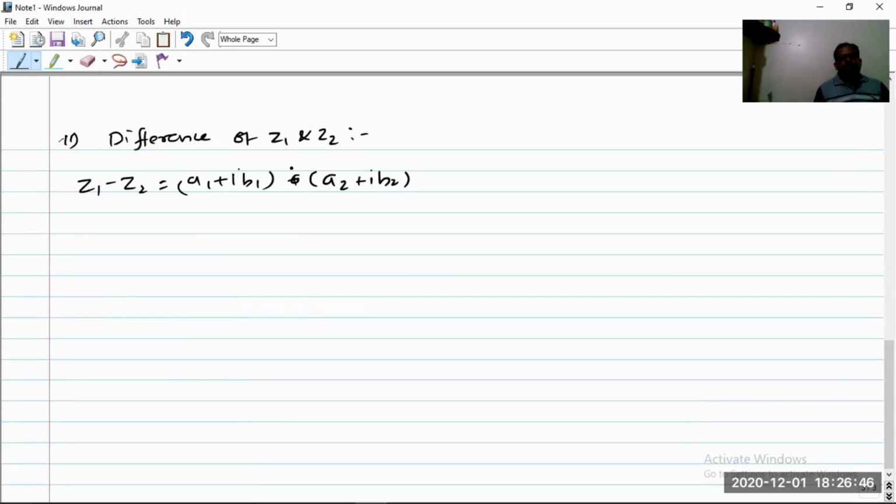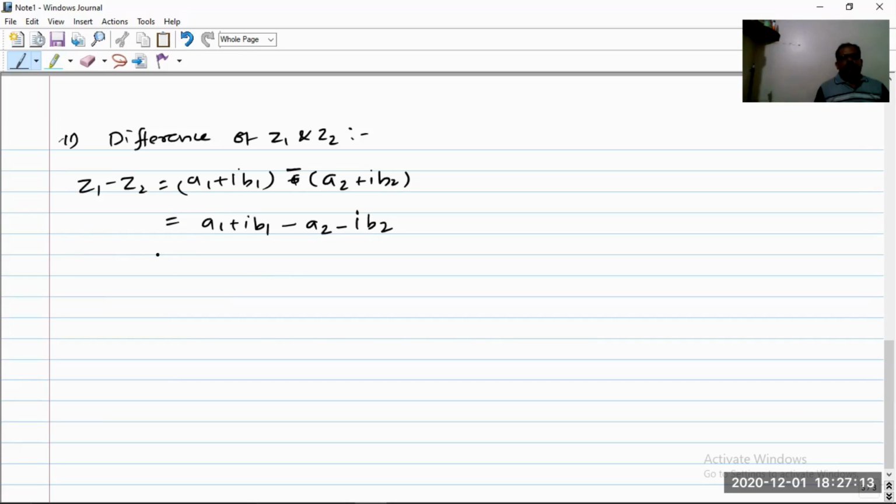Sorry, it is not plus, it is minus. We can open the bracket: A1 plus iB1 minus. As the minus sign is outside the bracket, we need to change the sign of each term inside the bracket. So A2 will become minus and iB2 will also become minus. A1 plus iB1 minus A2 minus iB2.